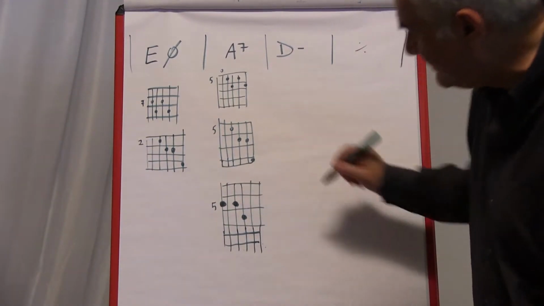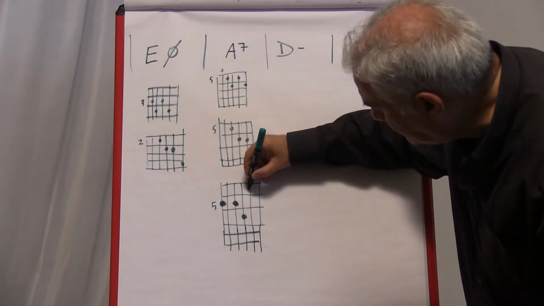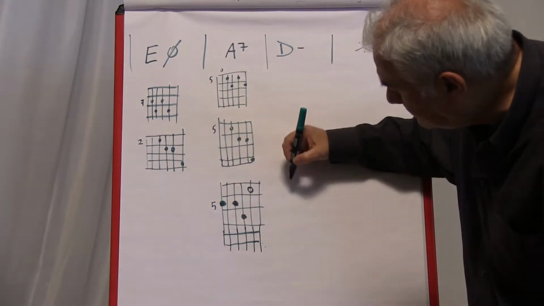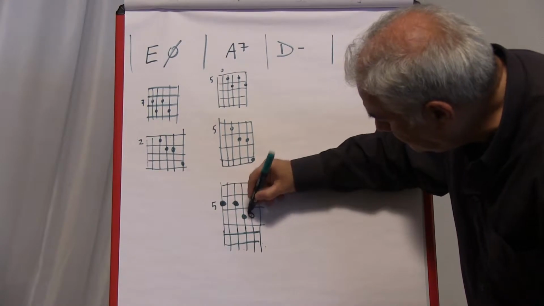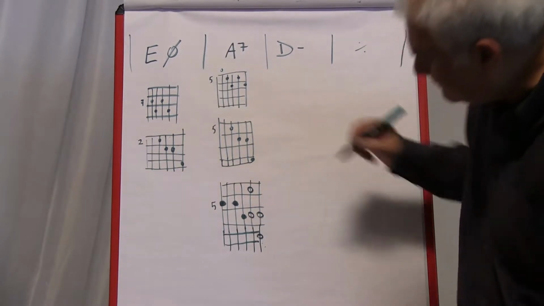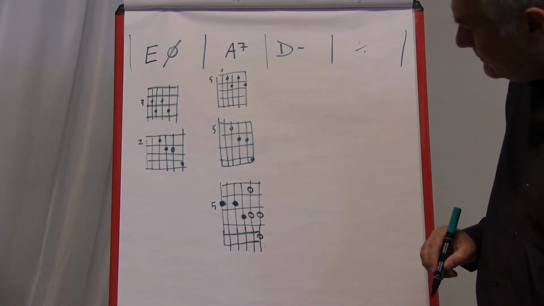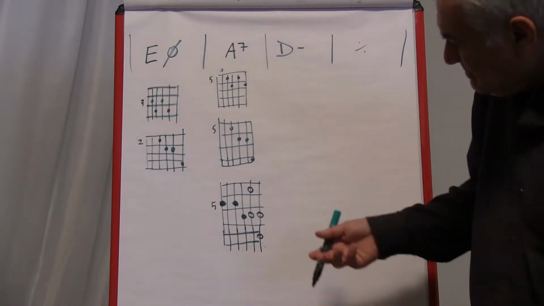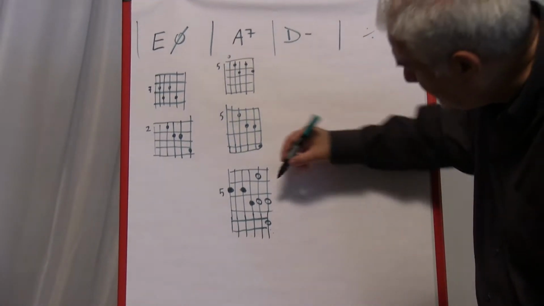This is the basic. And then you can put this note, this note, this note. No? And you have to choose one of these for this note.